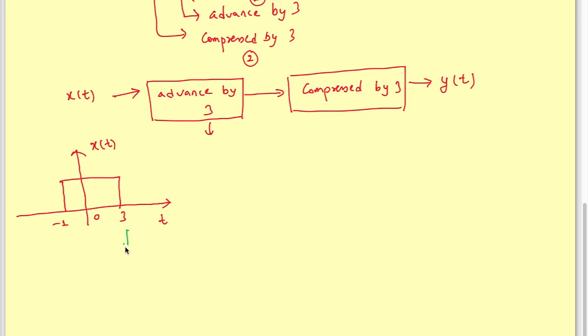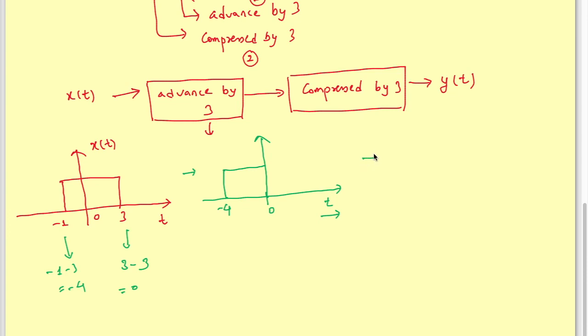So here it will become 3 minus 3 equal to 0 and this will become -1 minus 3 equal to -4. So it will look something like this. It is from -4 to 0 and this is my time axis. This is some intermediate signal. Now I need to compress my signal by 3.